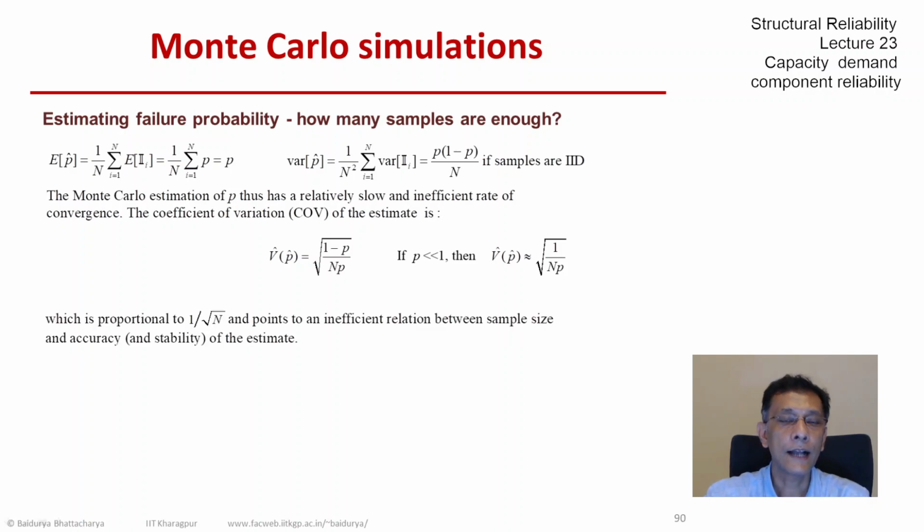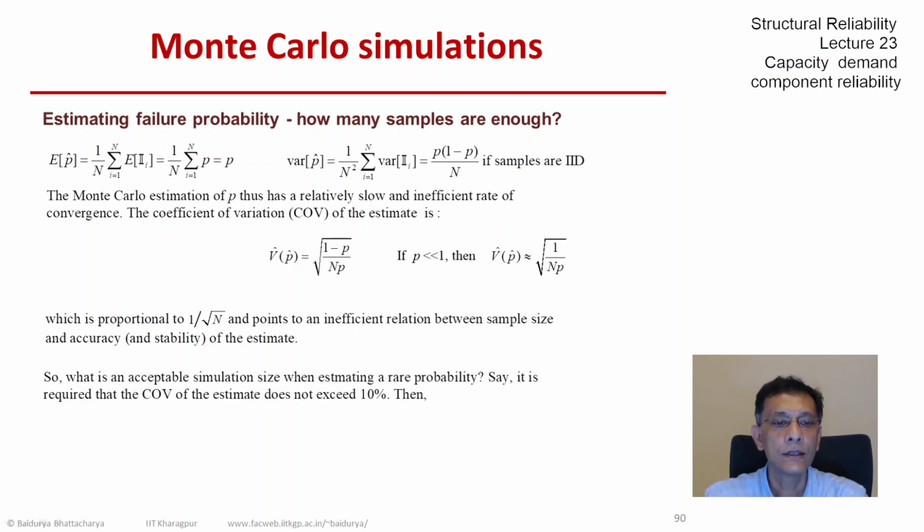So this gives us an idea of how many samples to generate. Suppose we want the COV to be 10%. In that case our sample size has to be of the order of 100 over p. So this gives us a kind of initial guess of how many samples to go for.